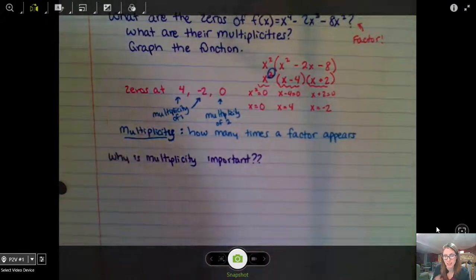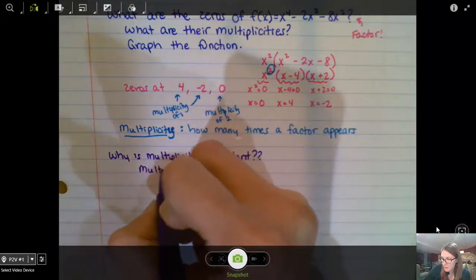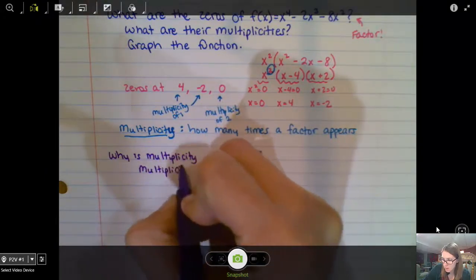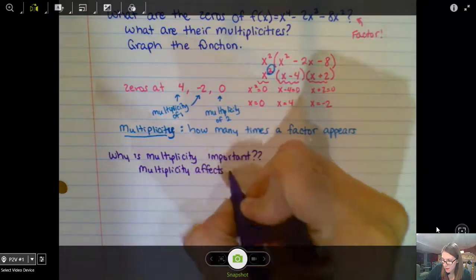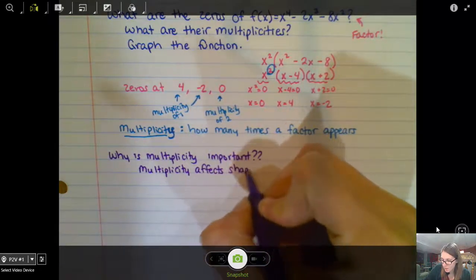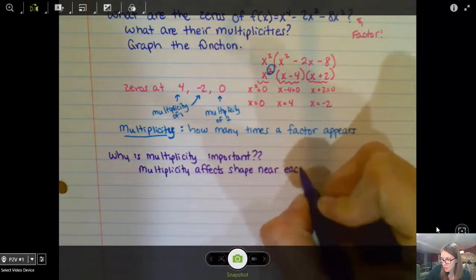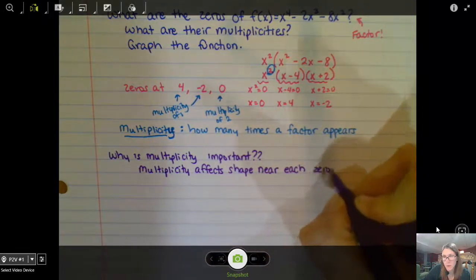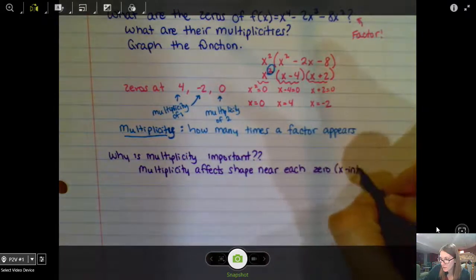Well, multiplicity is important because multiplicity affects the shape near each zero. And remember, when we're talking about zeros, we're really meaning our x-intercepts.